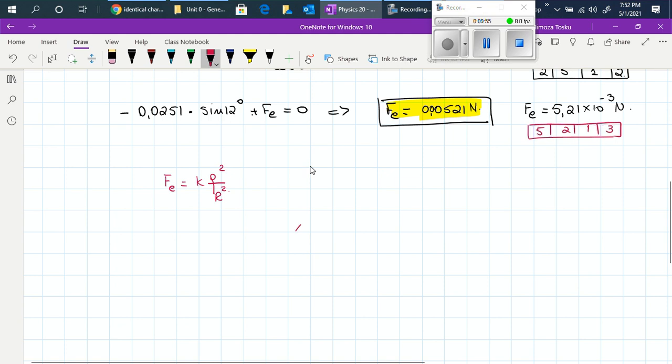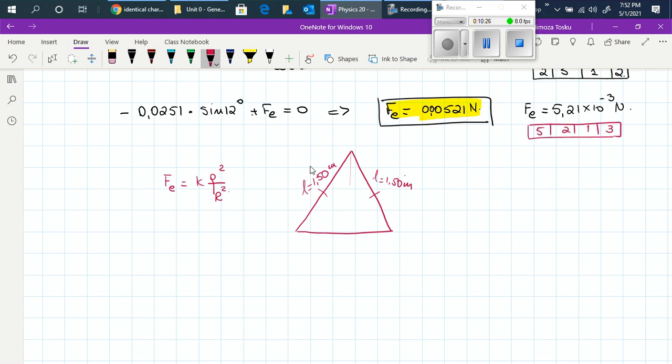So let's figure out what R is. The two lengths of the isosceles triangle are each, as I said, 1.50 meters.